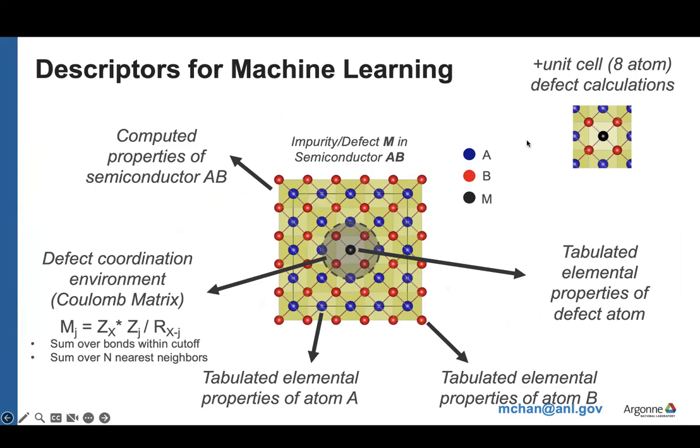In addition, we use these so-called unit cell calculations. Instead of having a supercell, we stick the defect in a unit cell, a much smaller DFT calculation. Even though we don't rely on that as an isolated defect, it actually gives useful information. So this is a choice we often have to make when it comes to building training data and models. All these other properties are cheap. You can evaluate elemental properties in a microsecond.